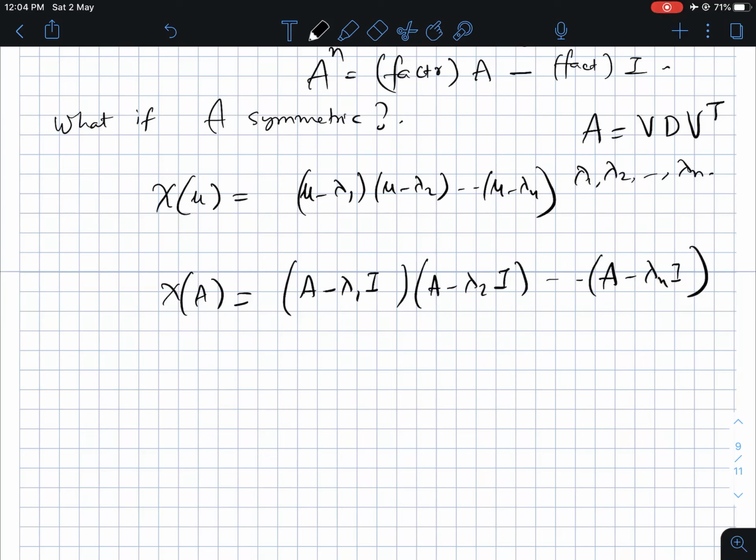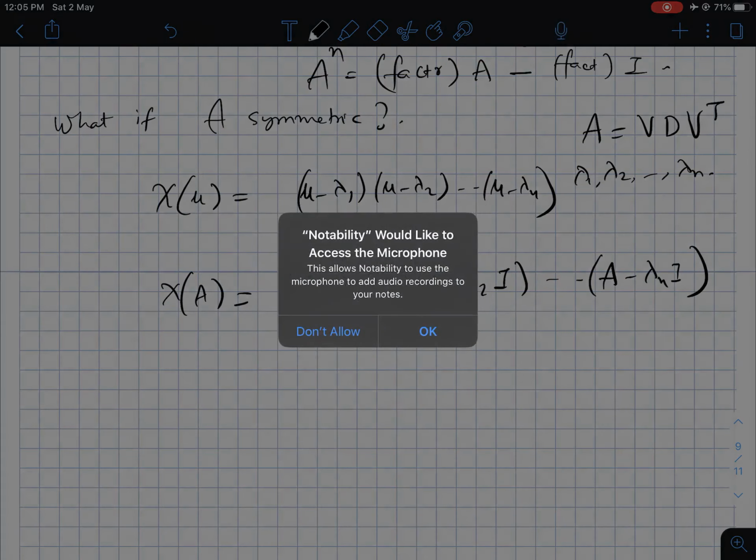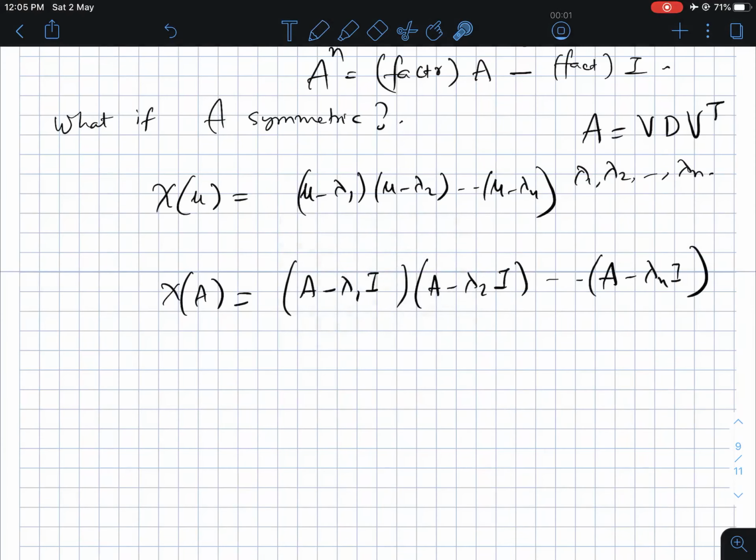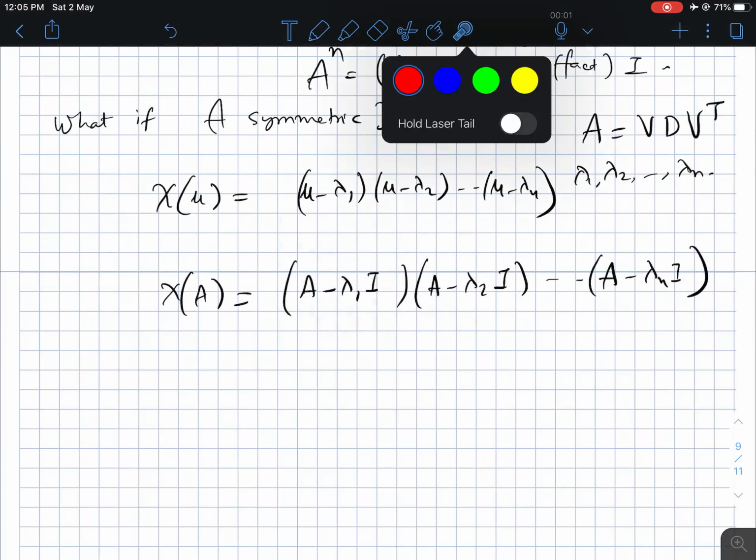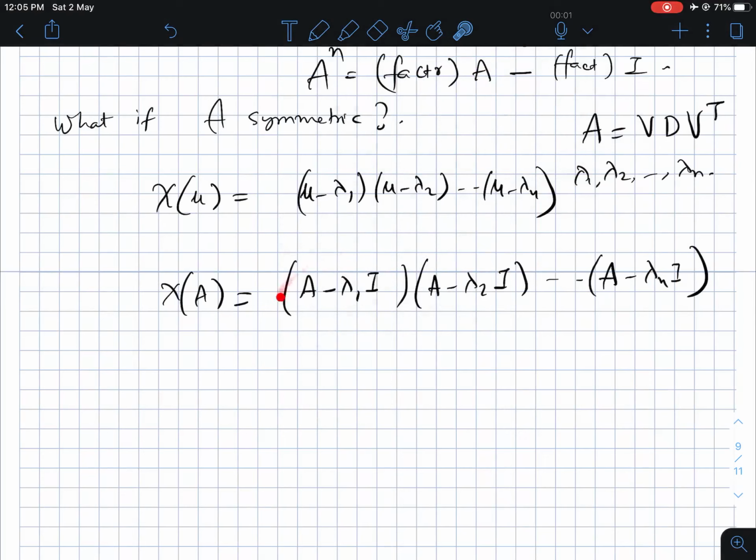So how do I claim that this quantity is 0? Okay, that's what I have to prove, right? To prove the Cayley-Hamilton theorem, or to prove this is 0, what I'll do is I'll plug in this expression over here into this. And I'll write I as V times V transpose. It's a standard trick that you might have used before.